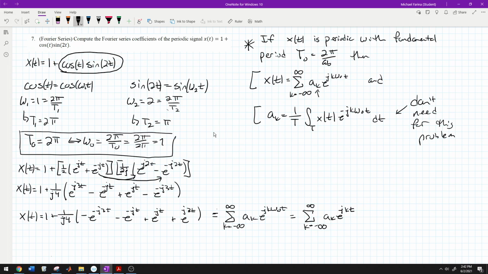Well, now it's pretty clear. Here's a k. There's a 1 in here. That's a k. There's a 1 right here. That's a k. And this is a k.